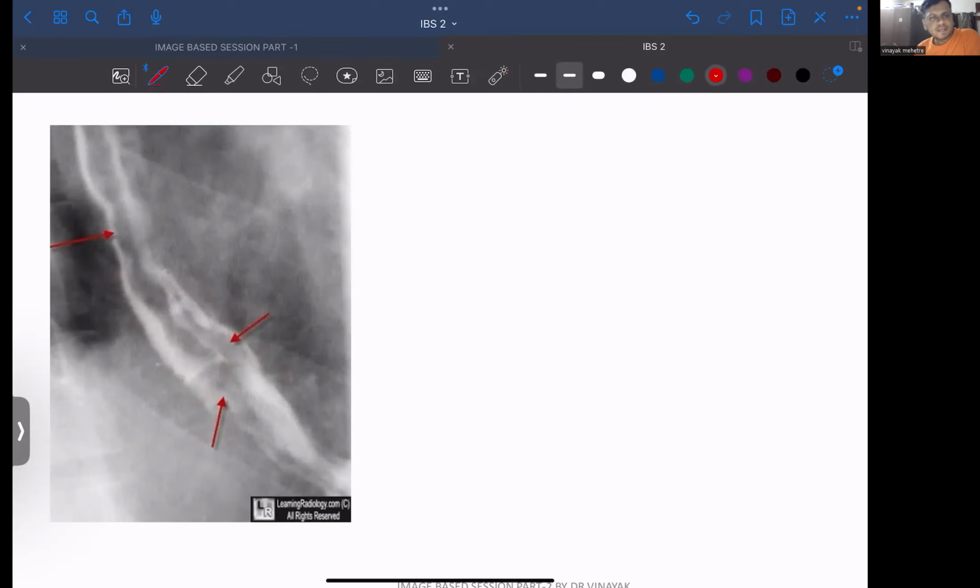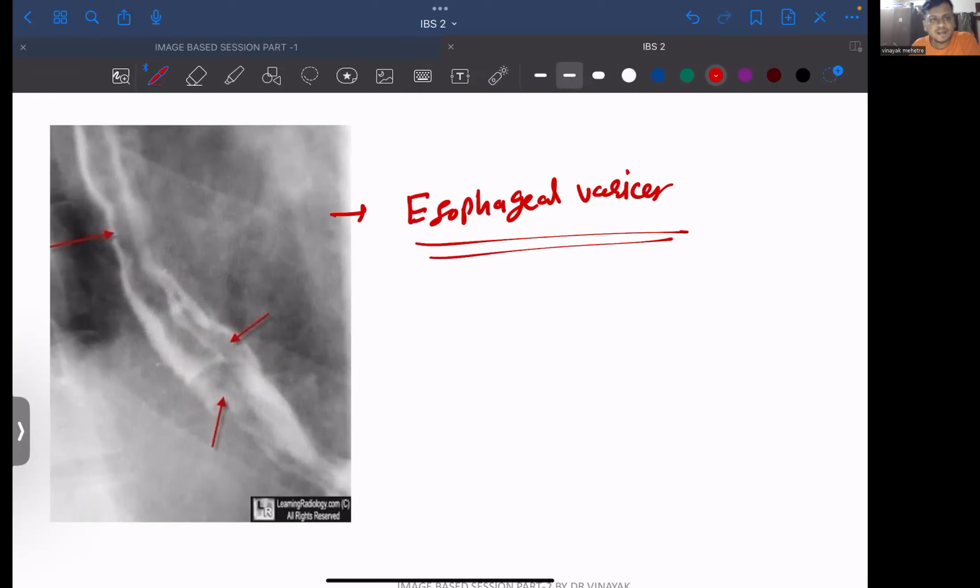Dilatation of veins in the esophagus. Dilatation of vessels in the esophagus is called esophageal varices. Esophageal varices are found in CLD, right? In chronic liver disease patients they will be found, and they are going to bleed when they rupture.